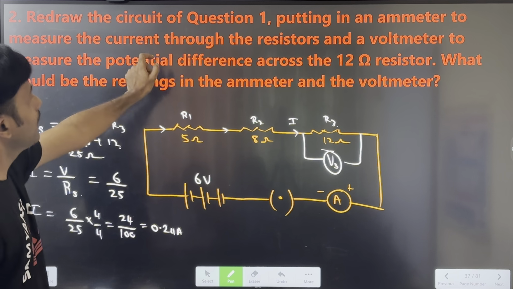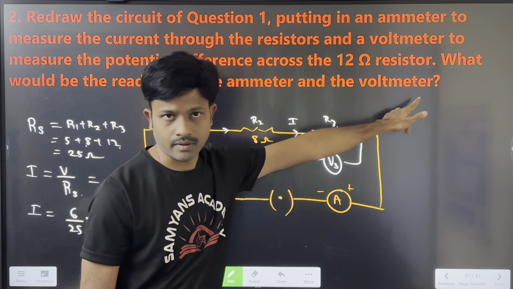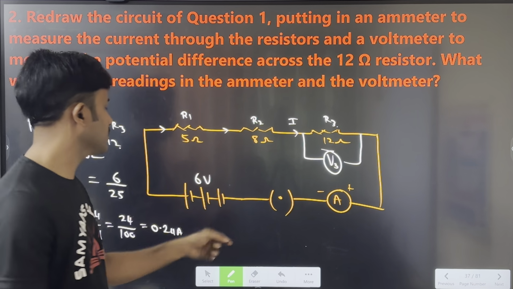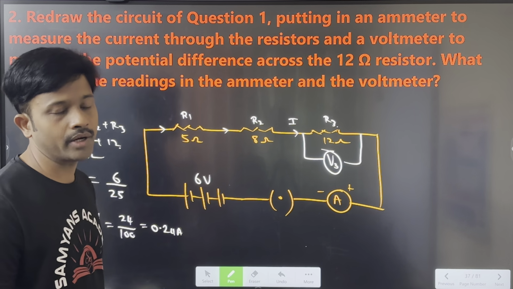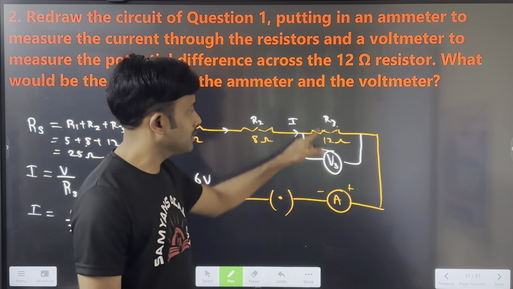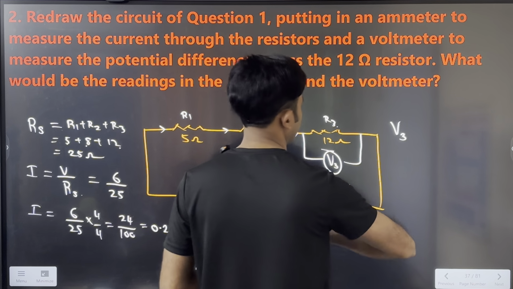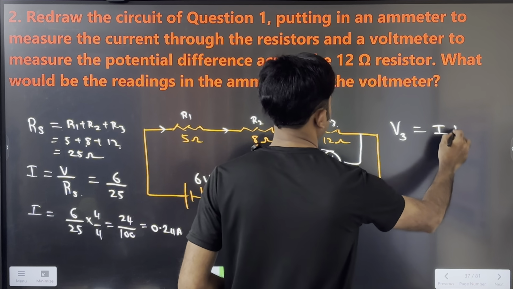They have asked for the current through the 12 ohm resistor. The current through the 12 ohm resistor, and through 5 and 8, and in the total circuit is the same, 0.24 amperes. Now we need to find the voltage drop across the 12 ohm resistor, which we assumed here as V3. V3 equal to current into R3.